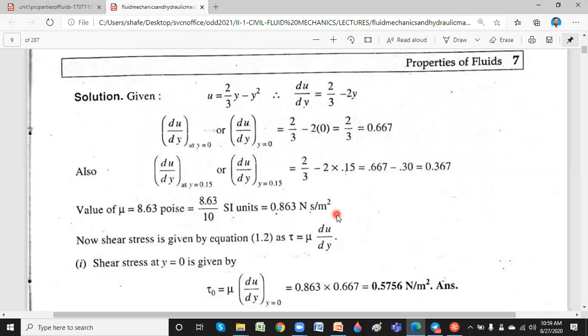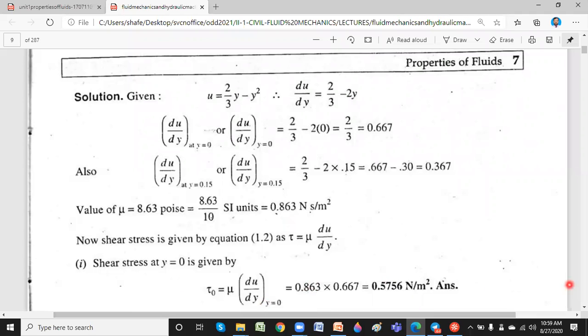Now I need to find the shear stress at two distances: y equal to 0 and y at a distance of 0.15 meters. Obviously the tau will be more at 0 because both are rubbing, no distance. Whenever you have some distance, the viscous effect is a little less.